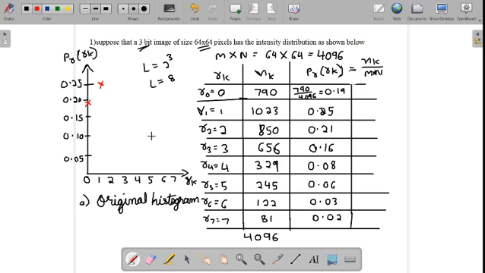Next, 2 is 0.21. Next, 3 is 0.16. 4 is 0.08. Next, 5 is 0.06. Next, 6 is 0.03, and 7 is 0.